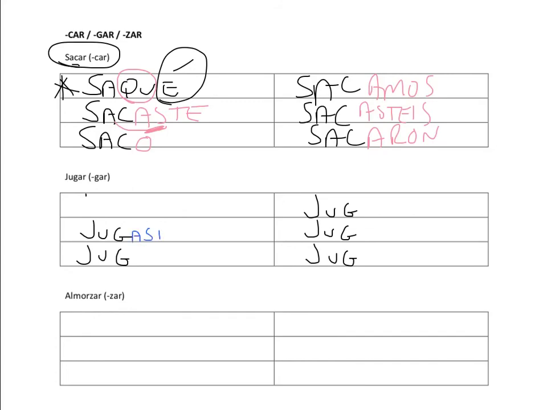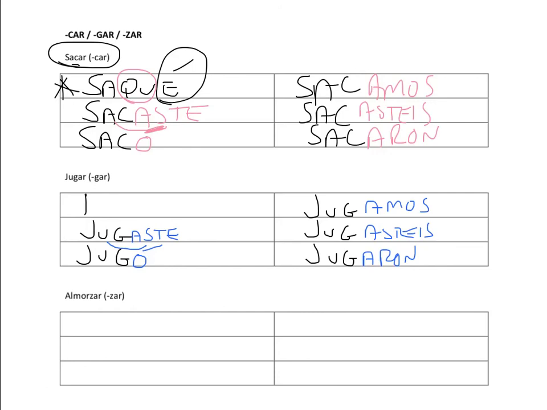So jugaste, is that okay? Does that make a hard G sound? Sure does. Jugo, don't forget the accent, or it's juice. Makes a hard G sound, perfect. Jugaron, jugasteis, jugamos. It's all fine.